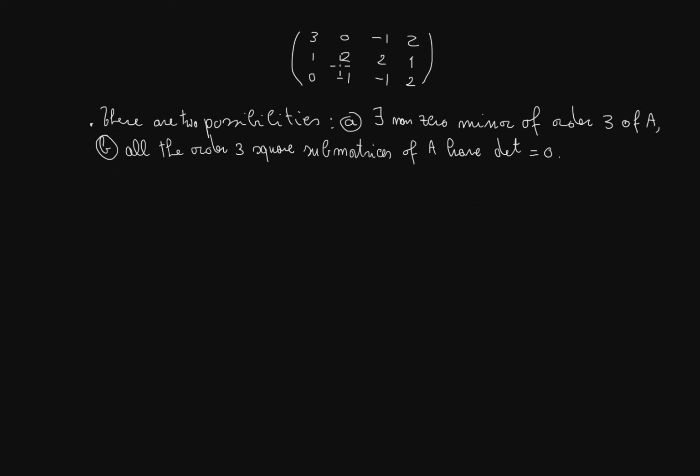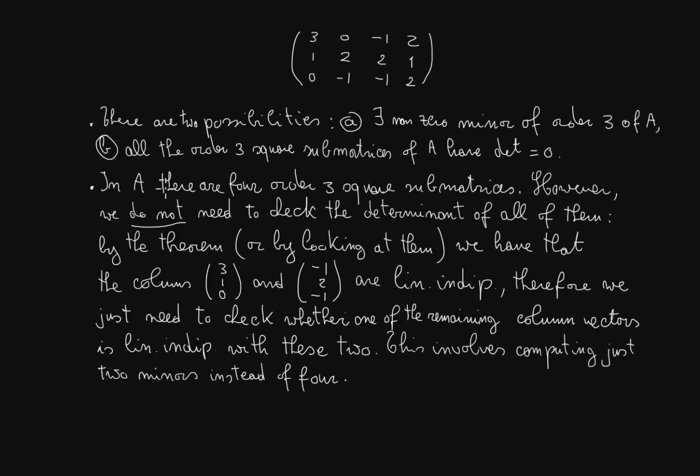We'll have to analyze the rows. Actually, it is better to analyze the columns and see how many of them I can find that are linearly independent. In A, there are 4 order 3 square submatrices. I obtained them just by deleting alternatively one of the columns.